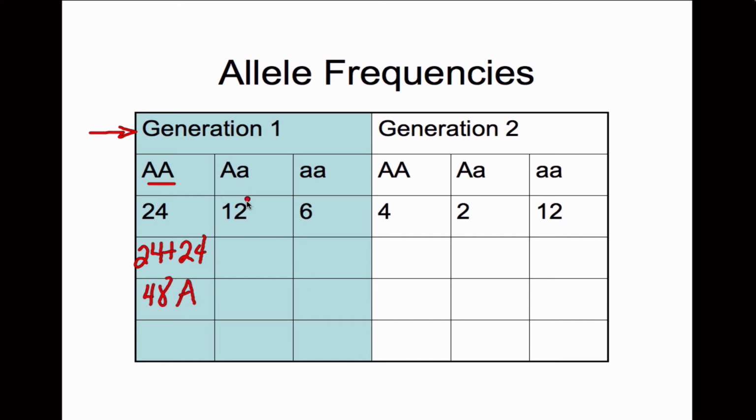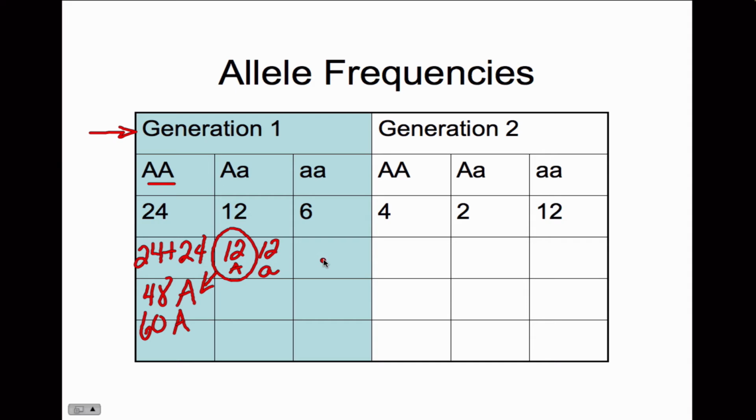In this situation here, we're going to have 12 that are capital A, and we're going to have 12 that are lowercase a, okay? Because they always go in pairs, so we have capital A, lowercase a. So we would add this 12 to that 48, and we would end up with 60 capital A, okay?